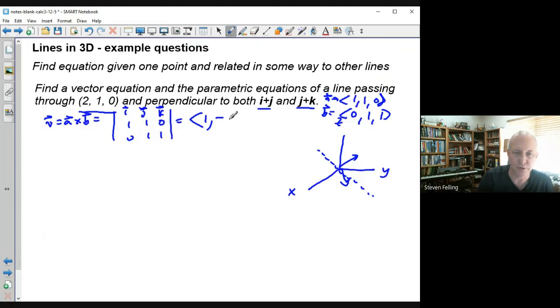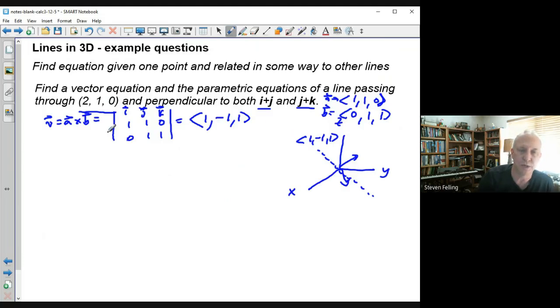So that's going to be also 1, but this time it's negative, right? And then the z component would be the determinant of these four numbers. So it'd be 1 times 1 minus 0. So it looks like if I use 1, negative 1, 1, that's this vector, I can use that for my v vector to make sure that my new line is perpendicular to those two lines.